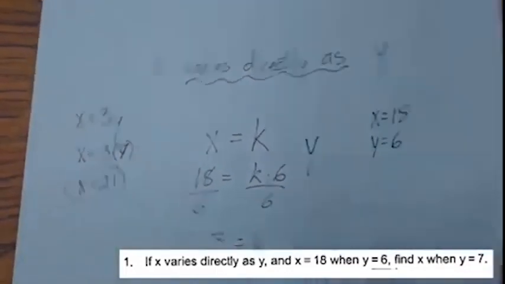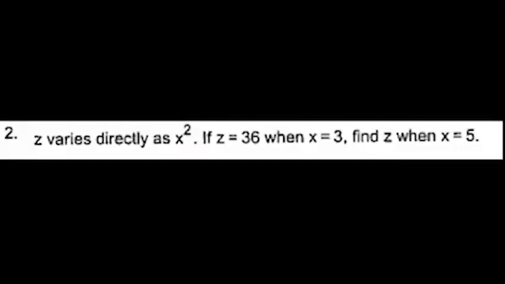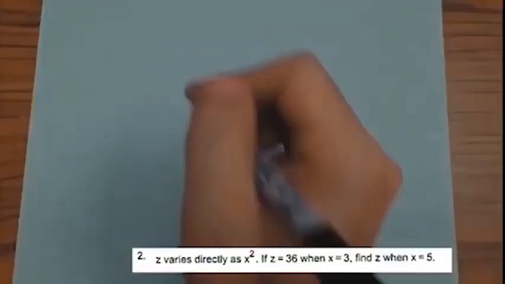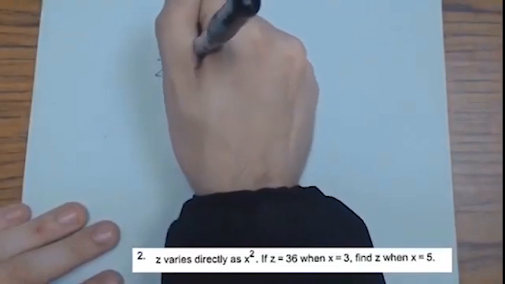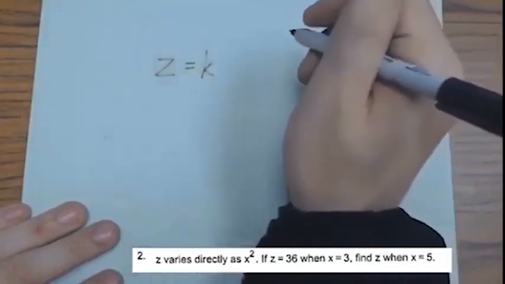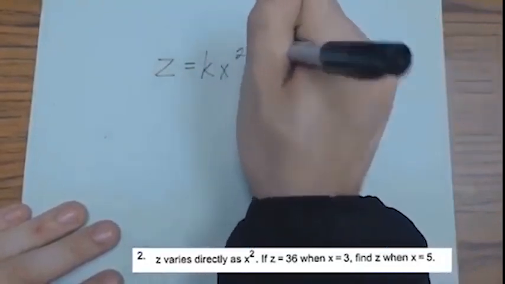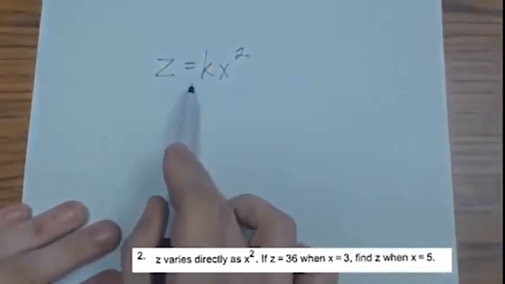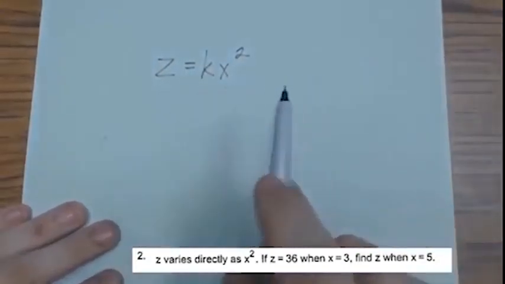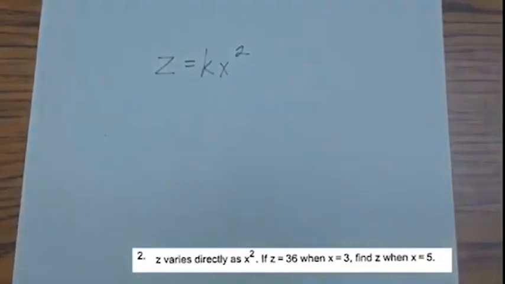Let's look at another one. Number 2, I have z varies directly as x squared. So let's translate that. Z varies directly as x squared. So direct variation equals k, and then we keep in the same line, keep multiplying.